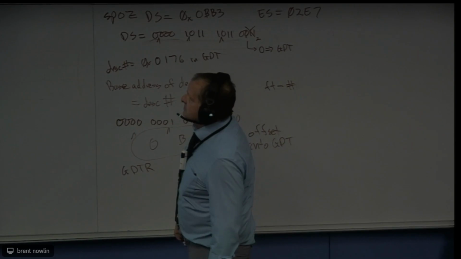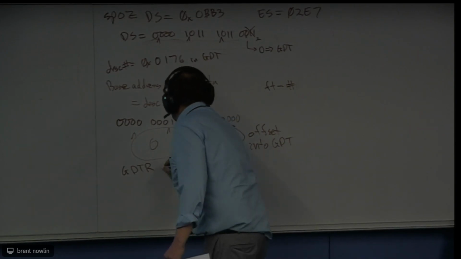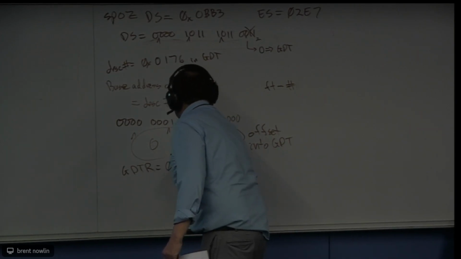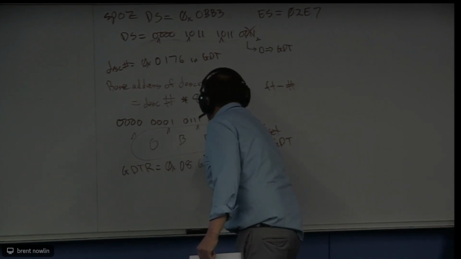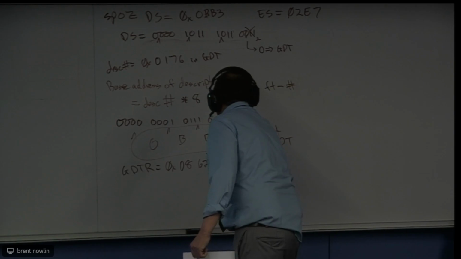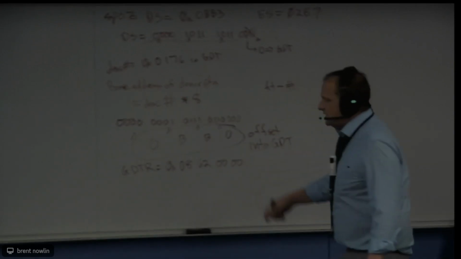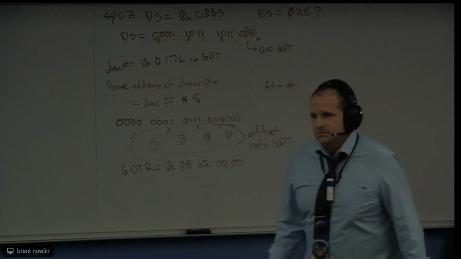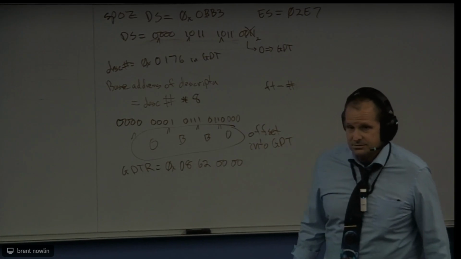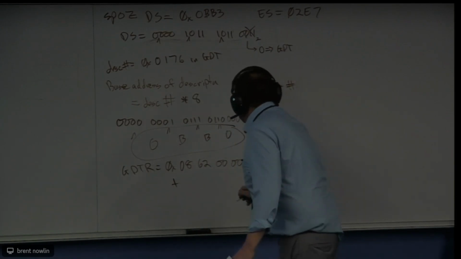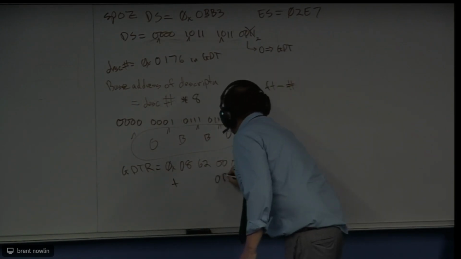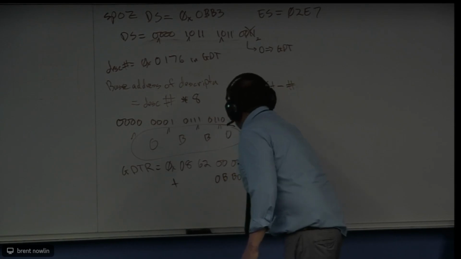So the global descriptor table register is what? That's the base address of the global descriptor table. That's the base. Add the offset to it. 0BB0, yes, no? What do you get?